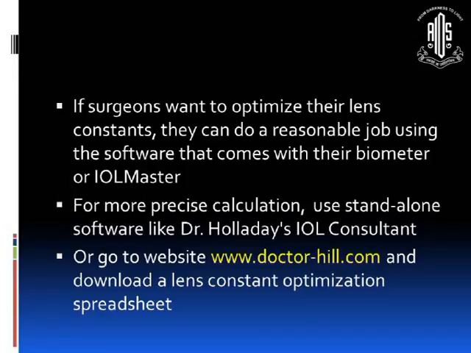If a surgeon wants to optimize their lens constant, they can do a reasonably good job using the software that comes with their biometer, IOL Master, or Lenstar, or whatever you are using.